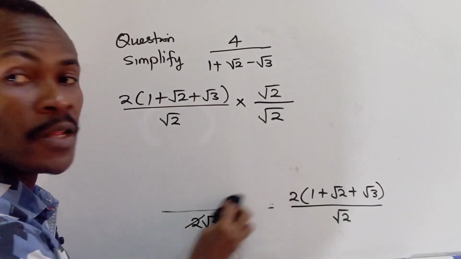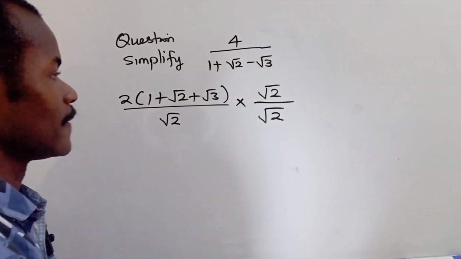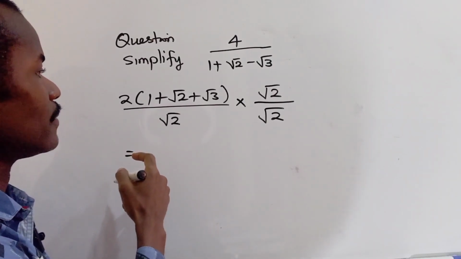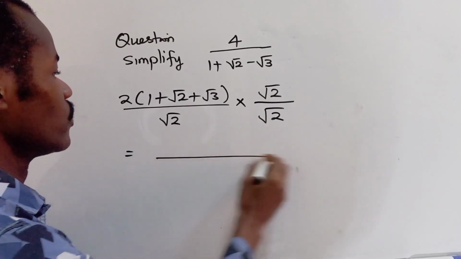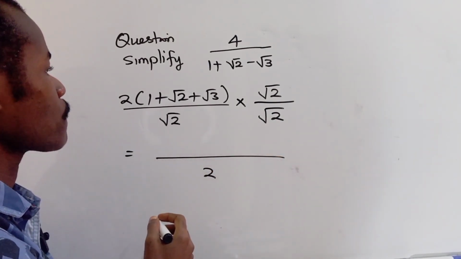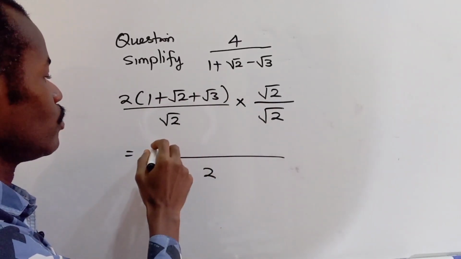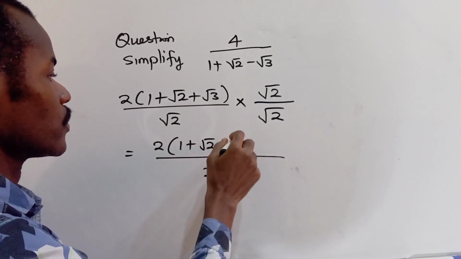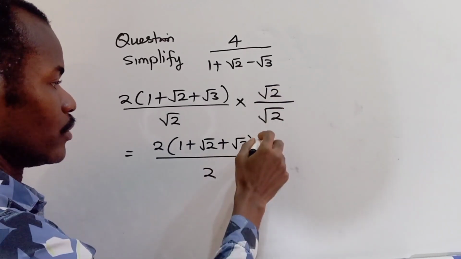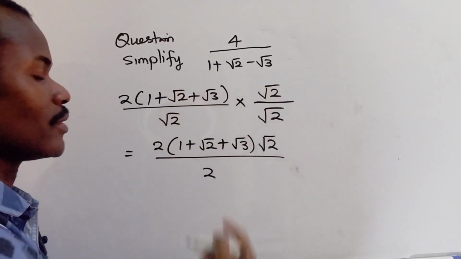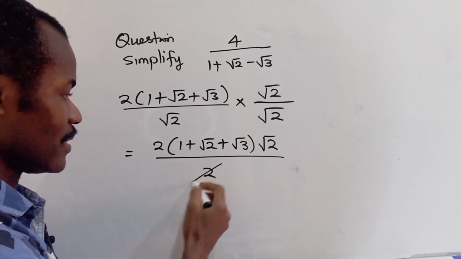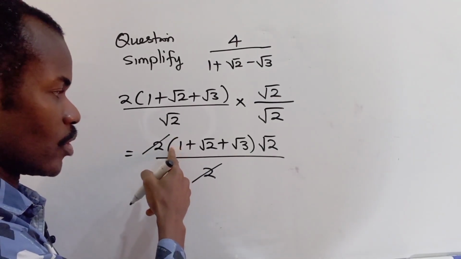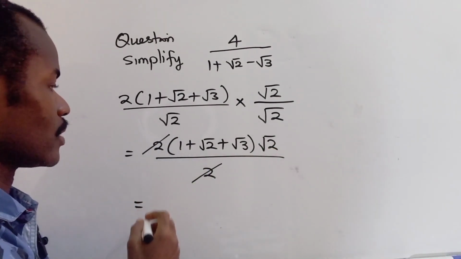Now let's see what this gives us. The denominator multiplied by itself gives us 2, and at the numerator we have 2 bracket 1 plus root 2 plus root 3, with root 2 multiplying all this. You can see that the 2 can cancel out the 2. So we have all this in brackets multiplied by root 2. Let's see what this gives us.